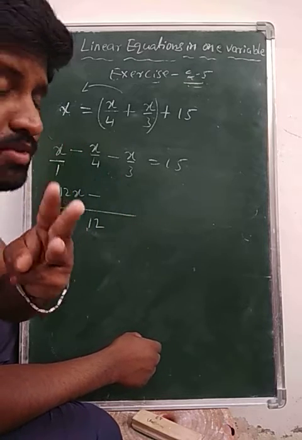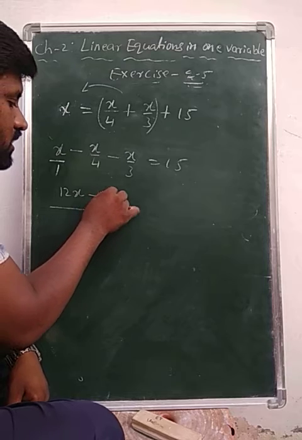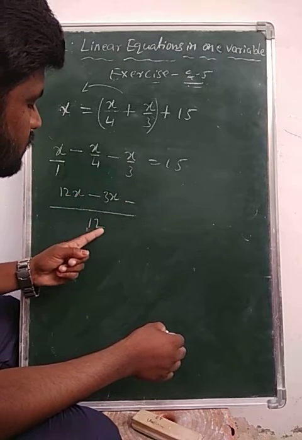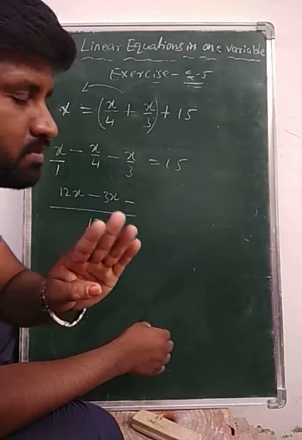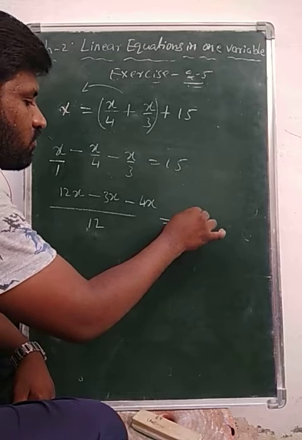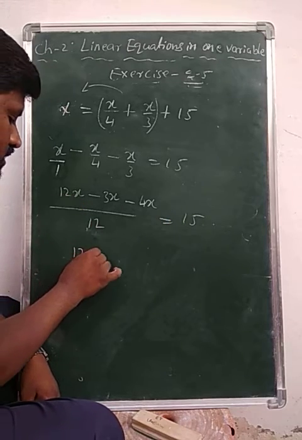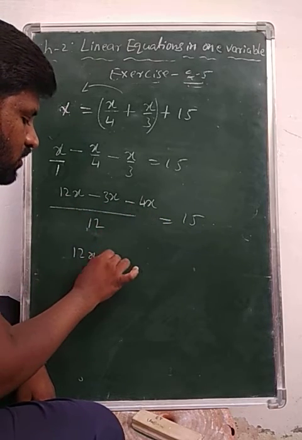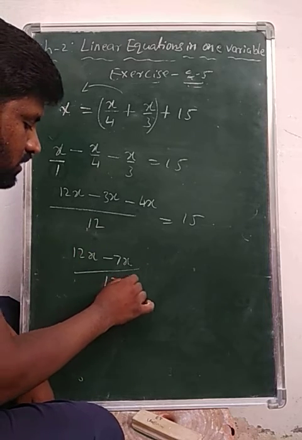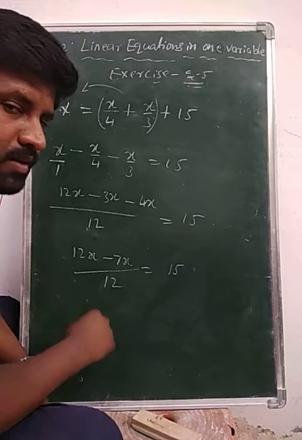That is 3 times. That's why 3 into x, that is 3x, minus the denominator 3, how many times in the 12? 4 times. So 4 into x, that is 4x, is equals to 15. Now 12x minus 3x minus 4x, that is 5x by 12 is equals to 15.